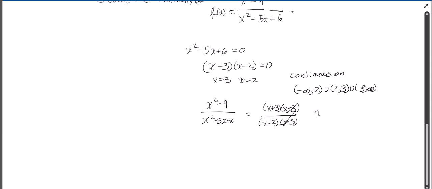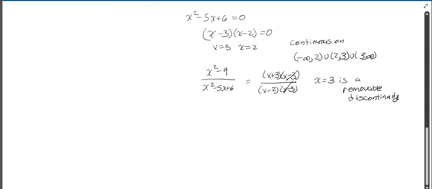That means that x equals 3 is a removable discontinuity. So if you factor it and cancel it out, that's a removable discontinuity. x equals 2 does not cancel out, so it is an infinite discontinuity.